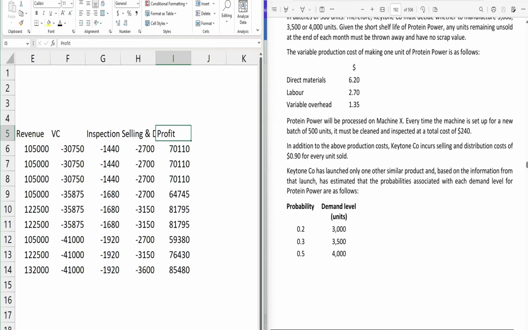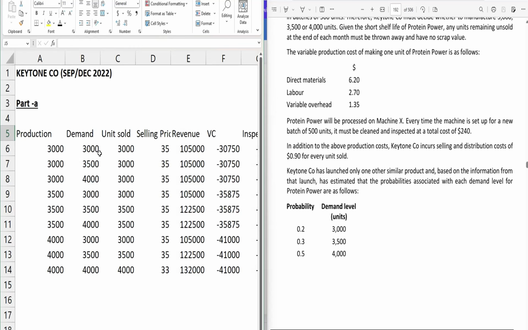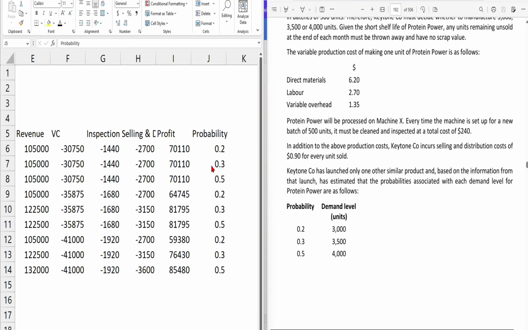Now remember, they have attached the probability for the different levels of demand. So now we will write down the probability percentage based on the demand level given in the unit, right? So I have noted down the probability based on the demand level.